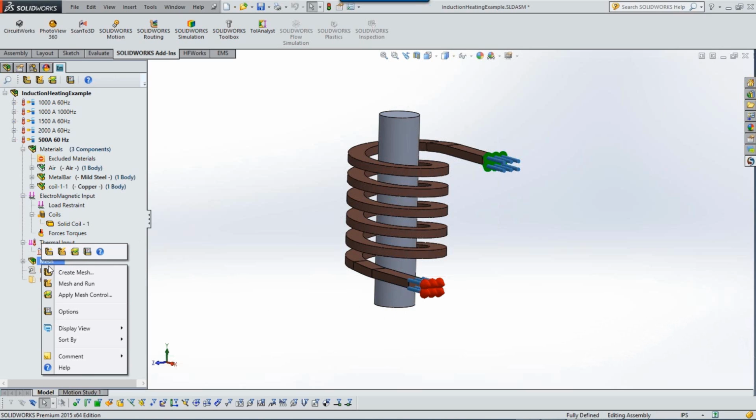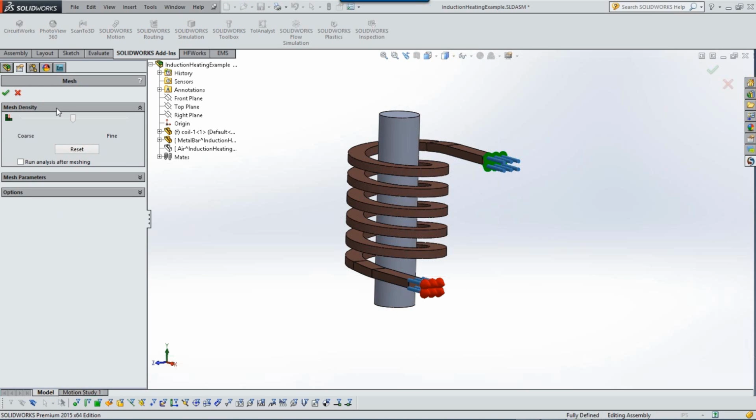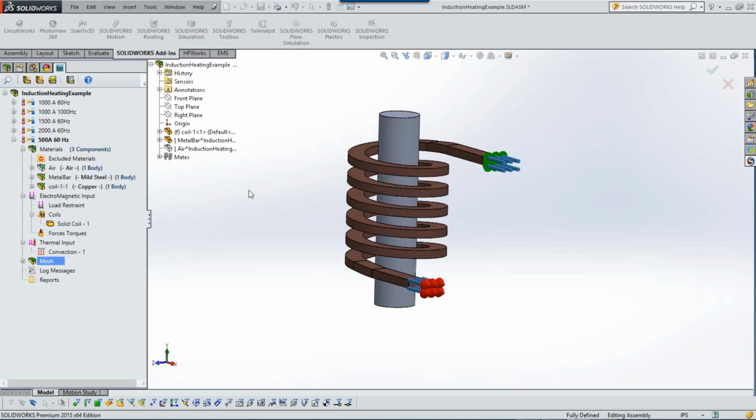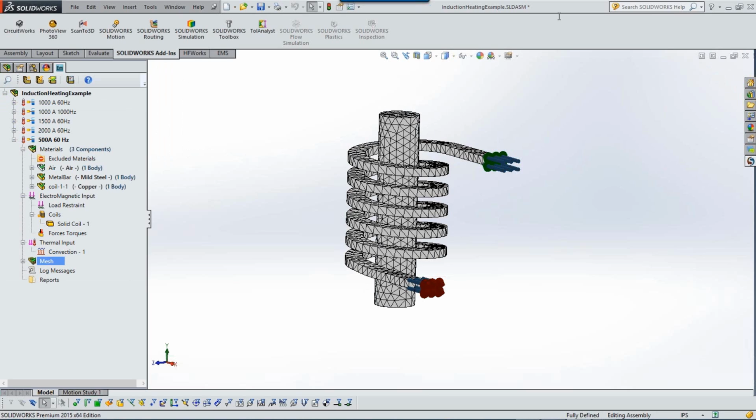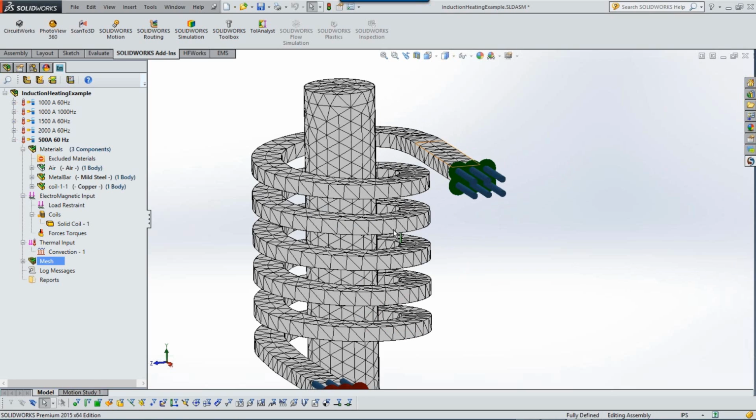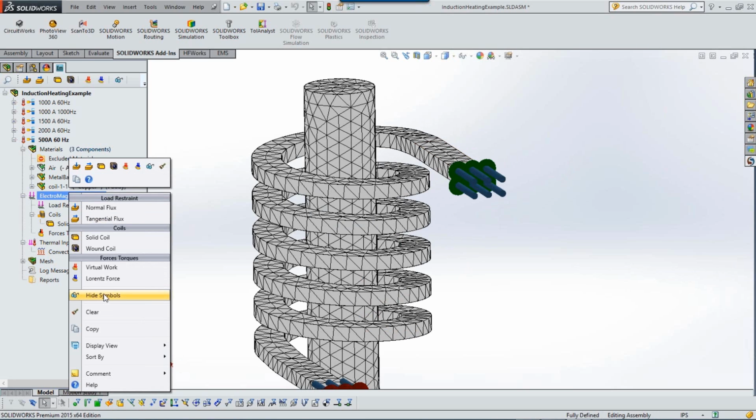So EMS has automatic mesh capability, so I can go ahead and create a mesh, and it has an automatic mesh generation feature which generates mesh for your model. Okay. So this is the automatic mesh generation tool in EMS. Let me go ahead and hide all my symbols here.